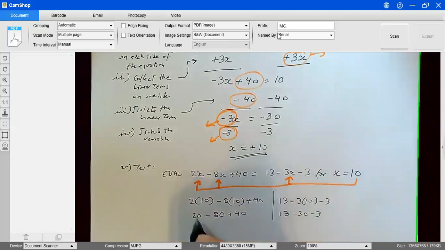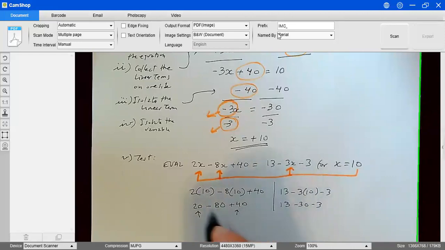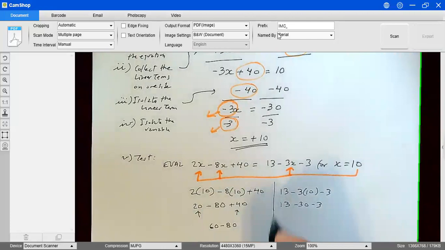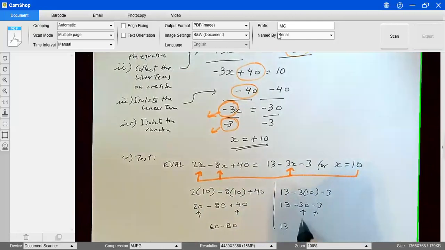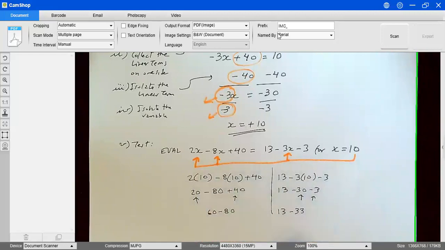So remember, we combine positives first. So 40 and 20 are 60, minus 80. Here we combine 2 negatives. So 13 is positive, 30 and 3 is going to be 33, but they are negative. And finally, we end up with the subtraction.